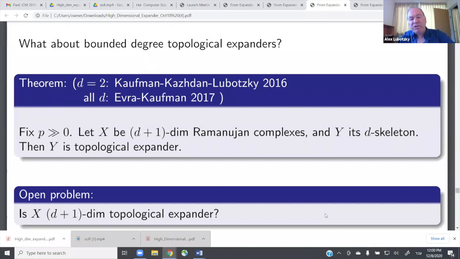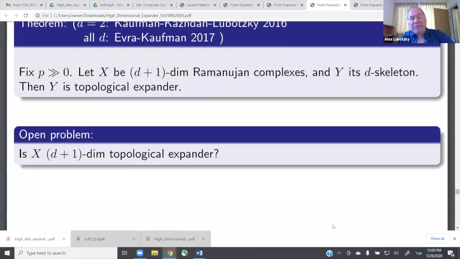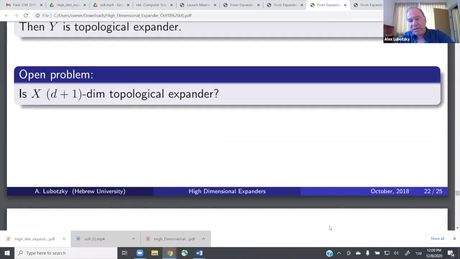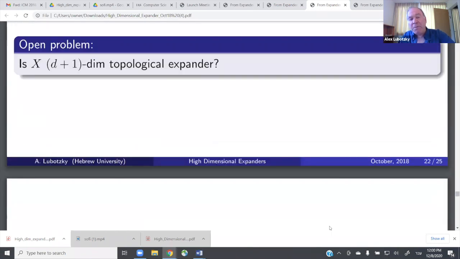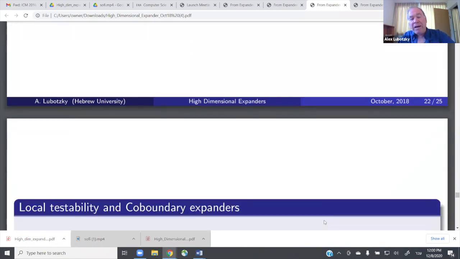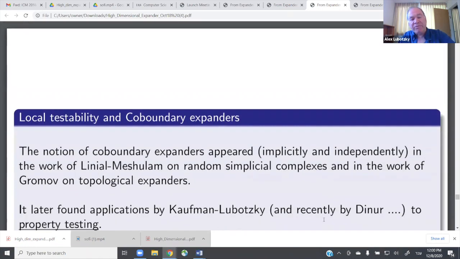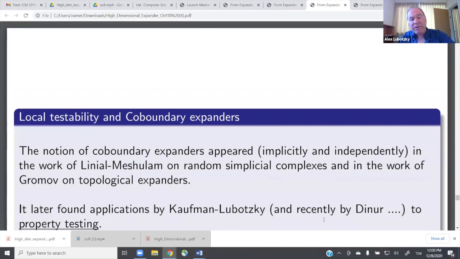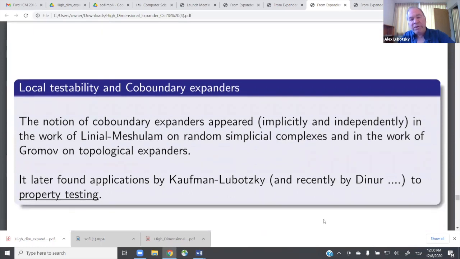This co-boundary expansion was defined, not with the name, but essentially using two cohomology, the cohomology over F2, independently by Gromov on one end and by Linial and Meshulam on the other end. I'm not sure I have time for everything, so I will tell you here as a story, and then we'll go to the technicalities.